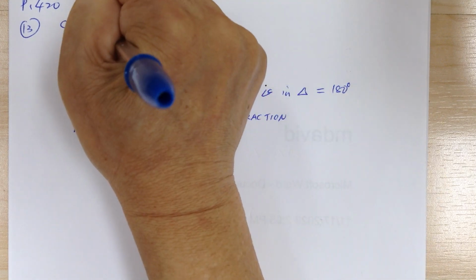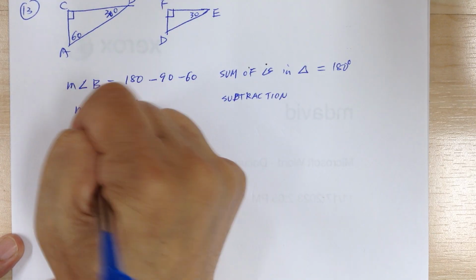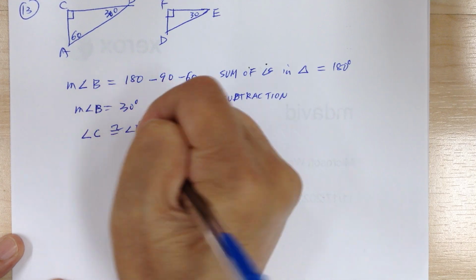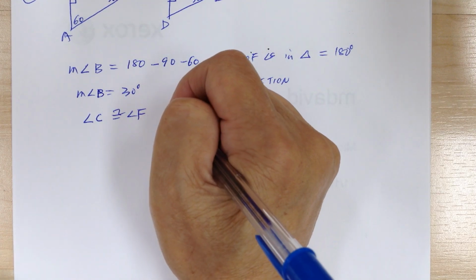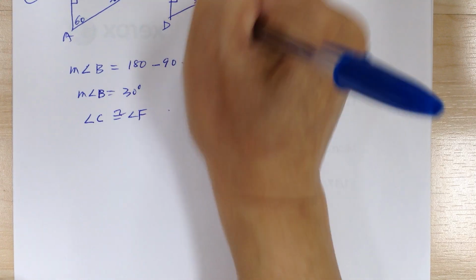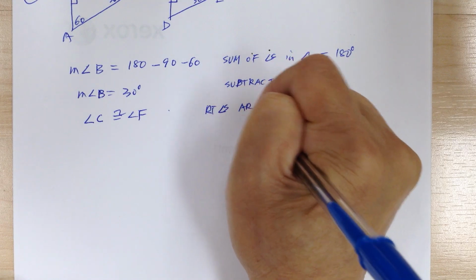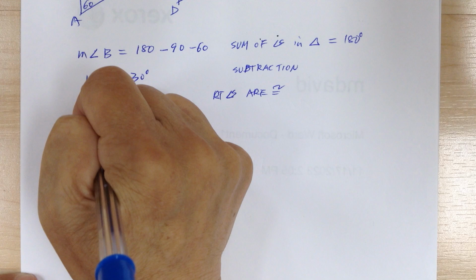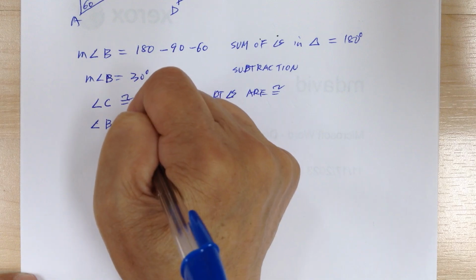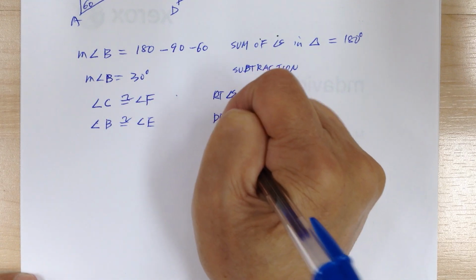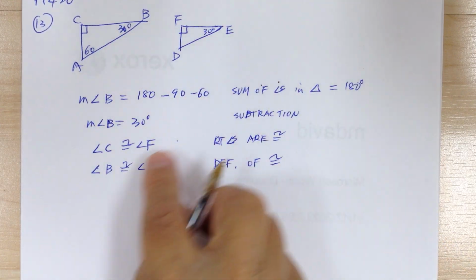Okay, so once you get 30, now you can see that angle C is congruent to angle F, because the right angles are congruent. And then you have angle B is congruent to angle E, and this would be the definition of congruence, because they have the same measurement, therefore they have to be congruent.